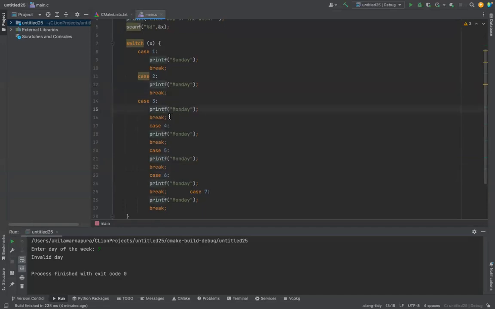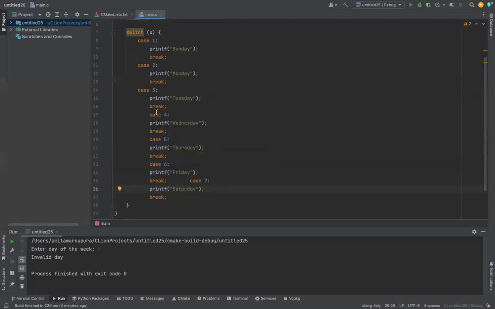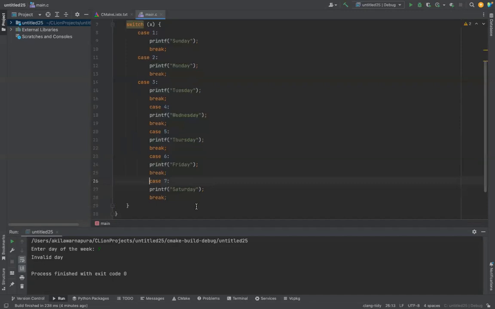Case 3, printf Tuesday, Wednesday, Thursday, Friday, Saturday. Case 5, case 6, and case 7.